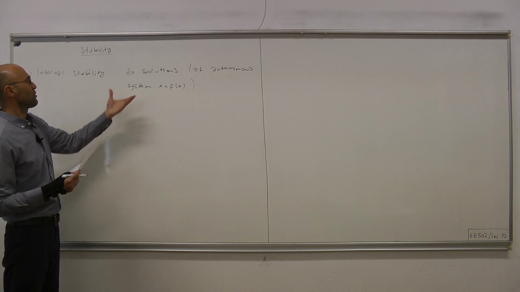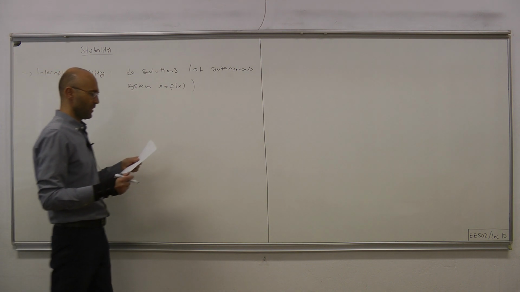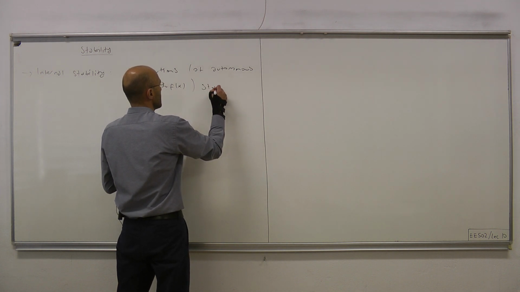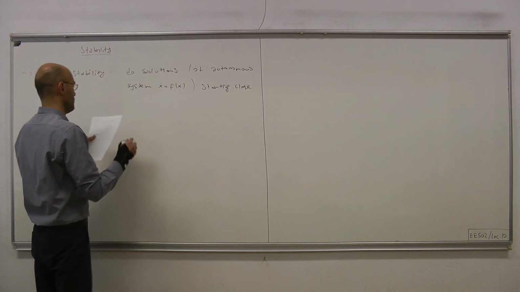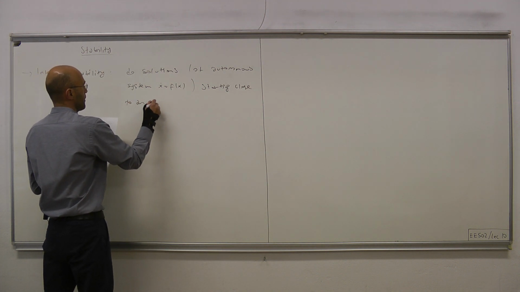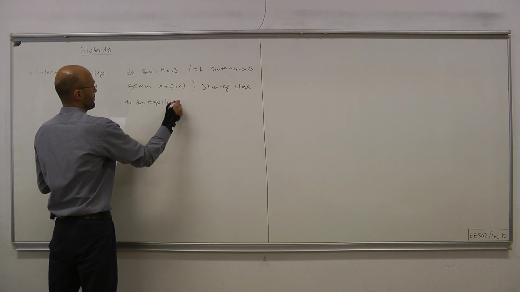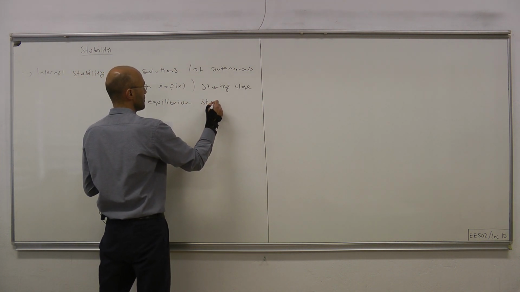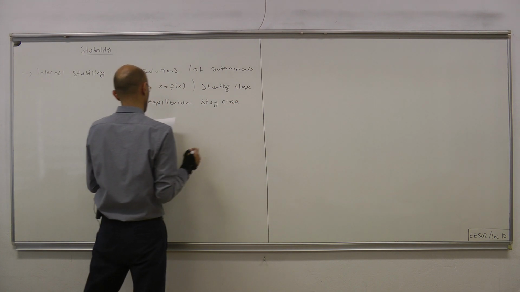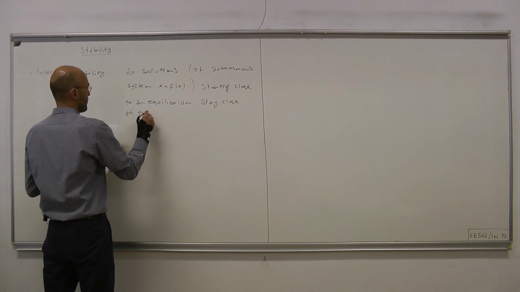So, do solutions of some autonomous system starting close to an equilibrium point stay close to that equilibrium?